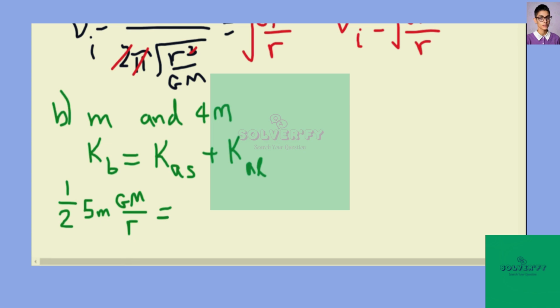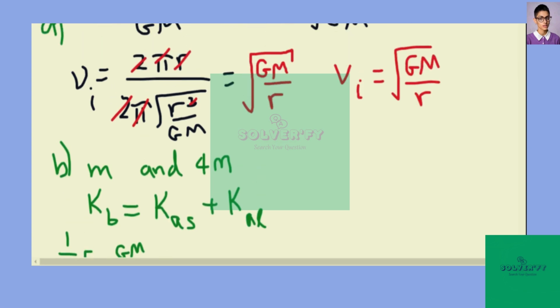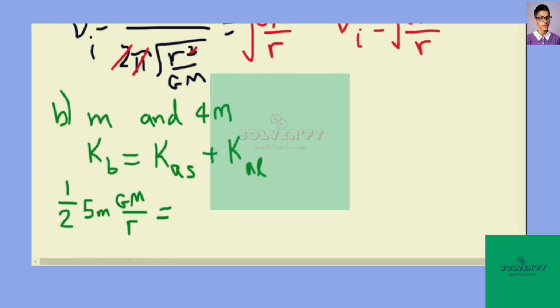Okay, kinetic energy of the smaller one. It says that it becomes stationary. So I'm thinking that v just ends up being 0. And so this 1/2 mv squared when v is 0 is 0.